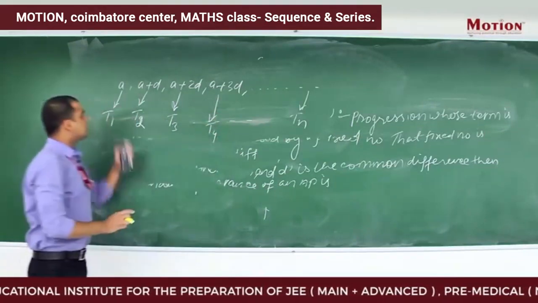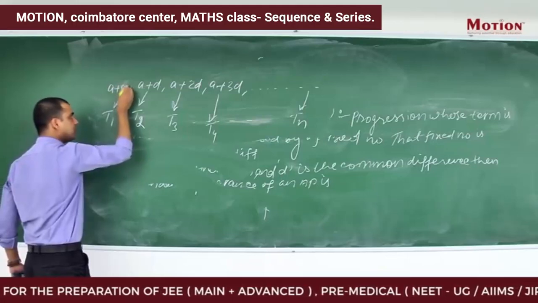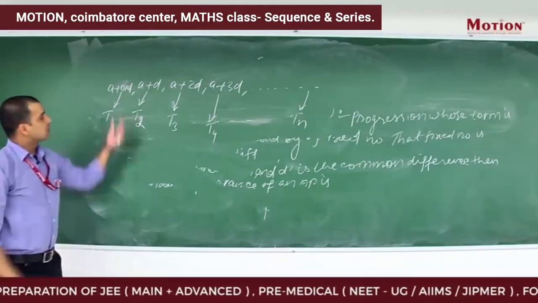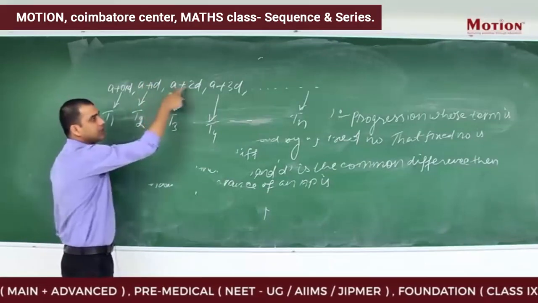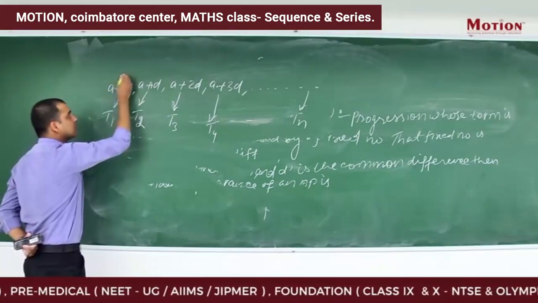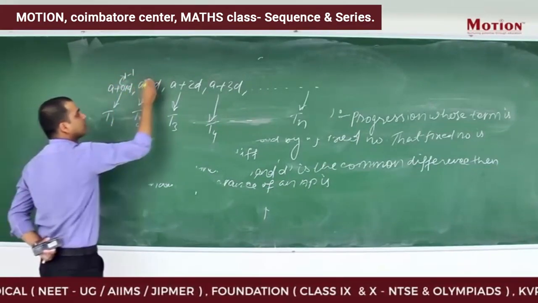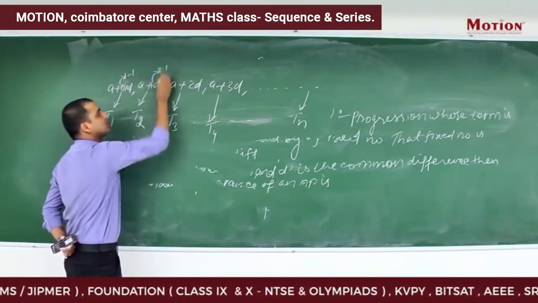So what is the coefficient of D here? We can write it in this way: A plus 0 into D, A plus 1 into D, A plus 2 into D. See, this is our first term, so we can write 0 as 1 minus 1. Here the coefficient of D is 1, so we write 2 minus 1.